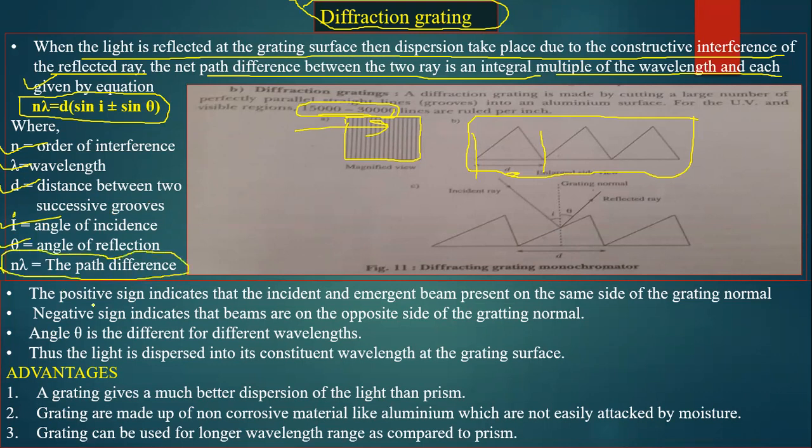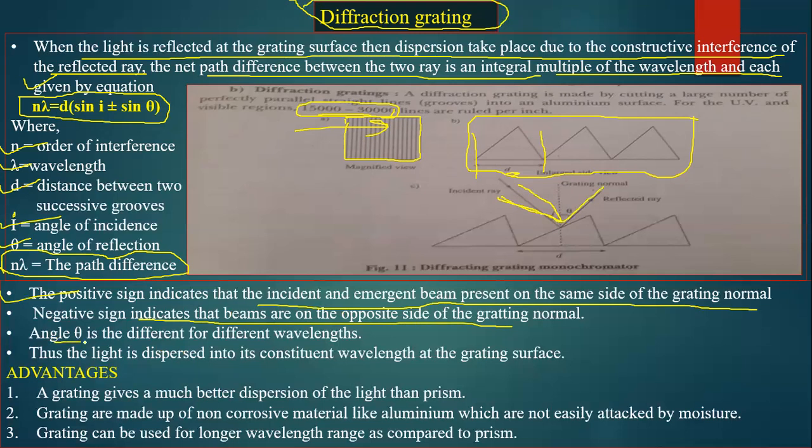The positive sign indicates that the incident beam and emergent beam are present on the same side of the grating normal. See, this is the incident beam, and if the reflected beam is on the same side, then it gives a positive sign. If there is a negative sign, it indicates that the incident beam is on this side of the grating normal and the reflected beam goes to the other side of the grating normal.